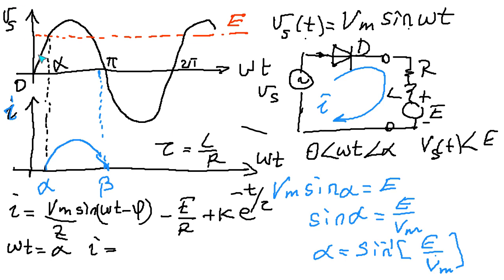When the instantaneous voltage grows and reaches E, then it becomes higher than E, and at alpha current starts.